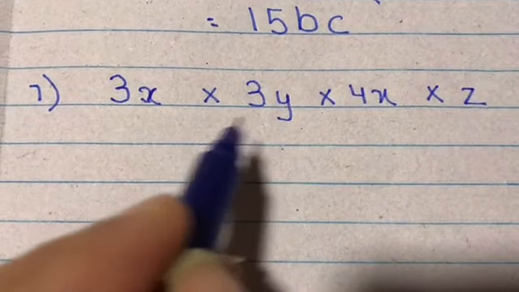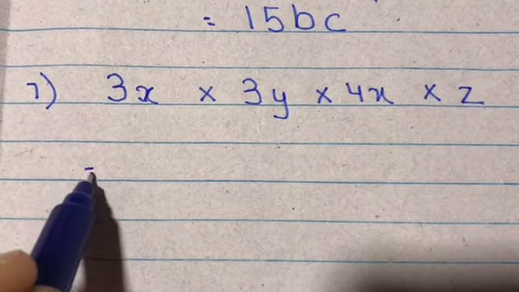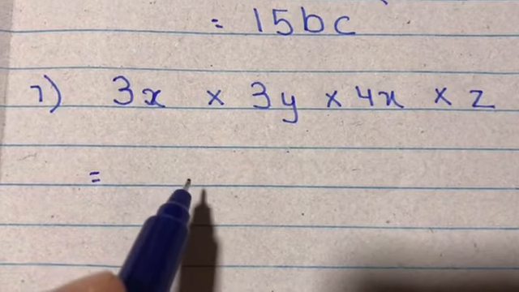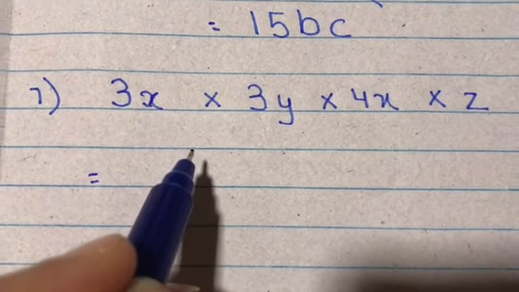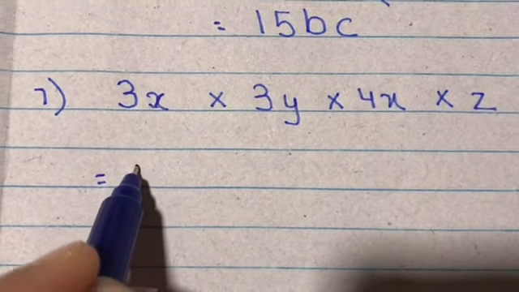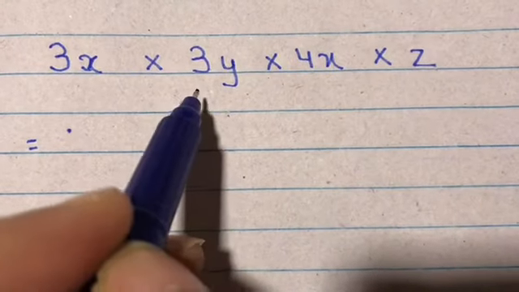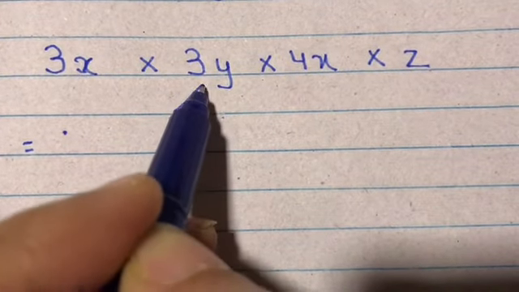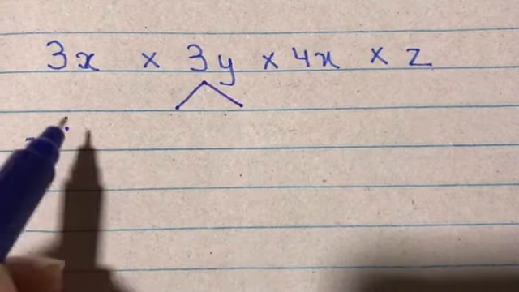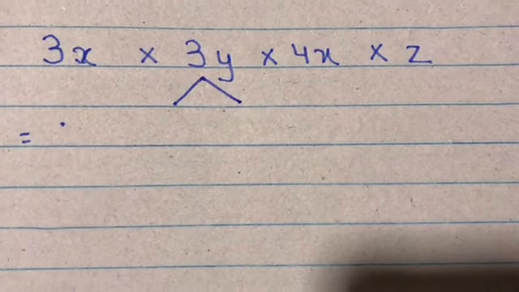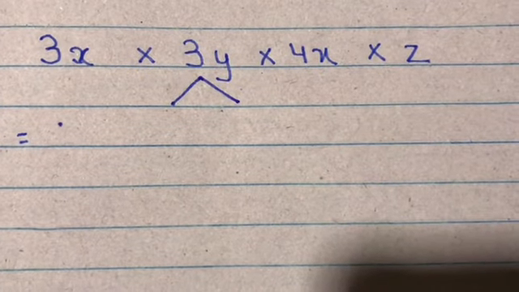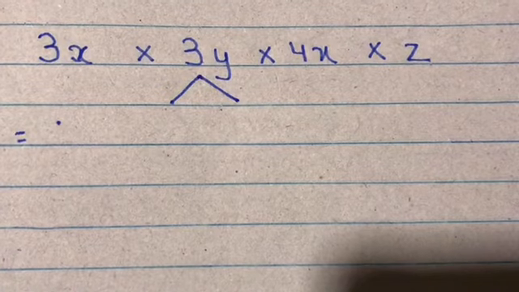Now here in multiplication, there's no division here. I'm just going back to multiplication. What do we do? We separate the numbers and separate the letters, right? So we can now underline it.